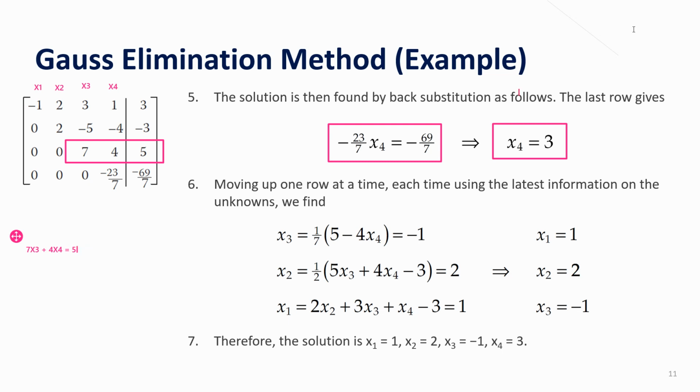And you know that the value of x4 is equal to 3. So you can substitute it back to become 7 multiplied by x3 plus 12 equals 5.